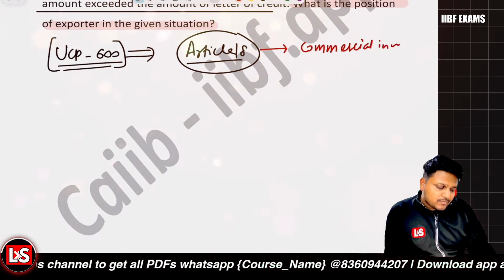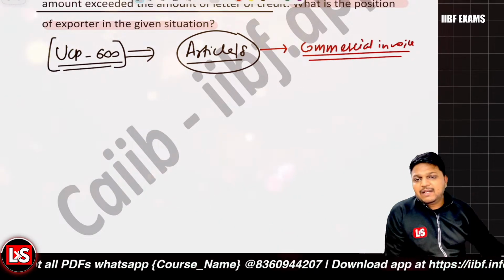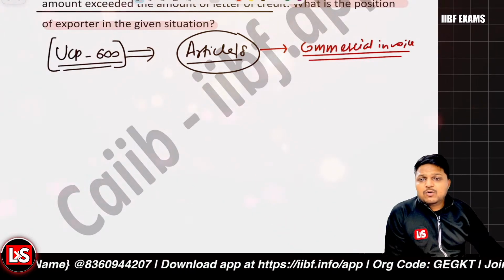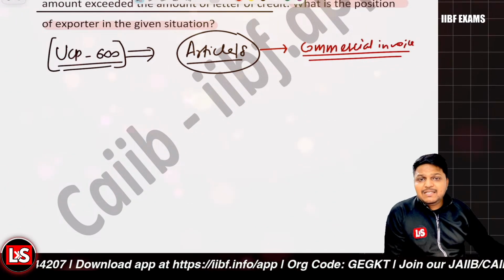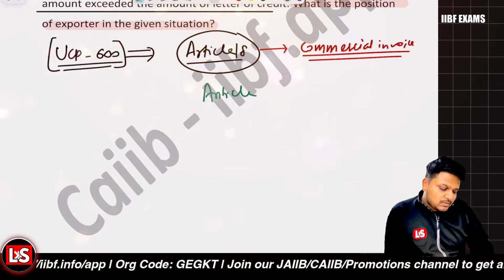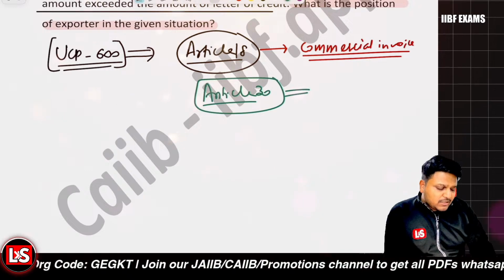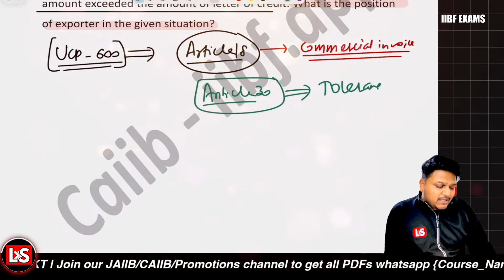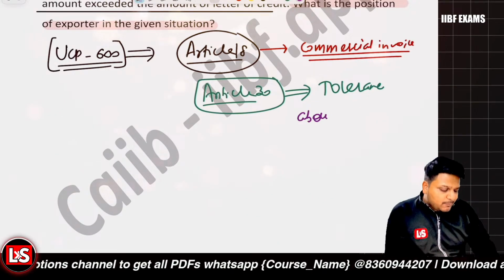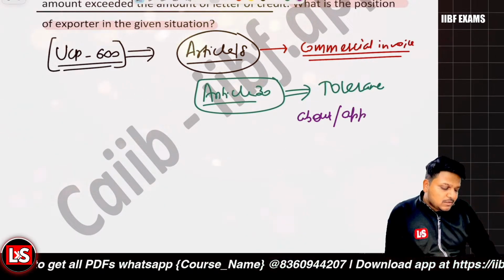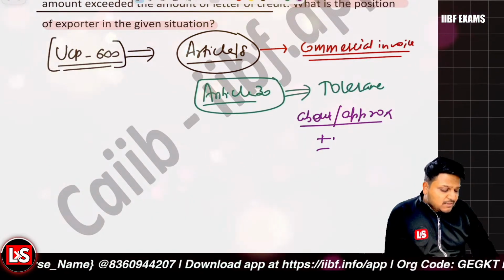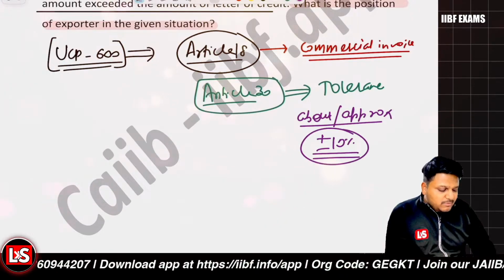Let me write, like what should be the content of the invoice and everything. Further, we also talked about Article 30, which deals with the tolerance in credit amount, the tolerance limits. Under the tolerance limit, I told you about two limits. If the words about or approximate are used, the tolerance limit will be plus minus 10%.